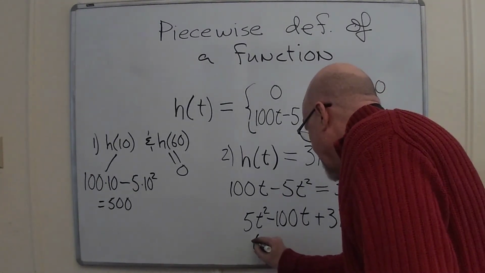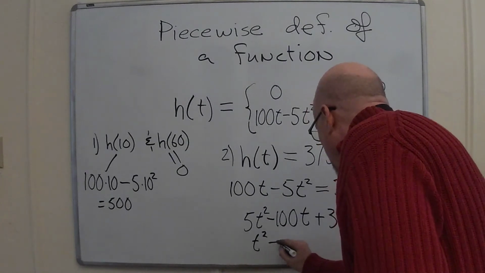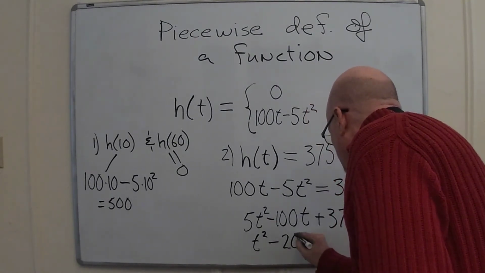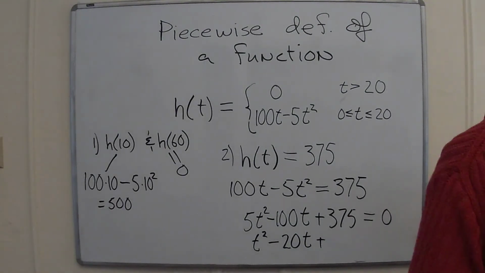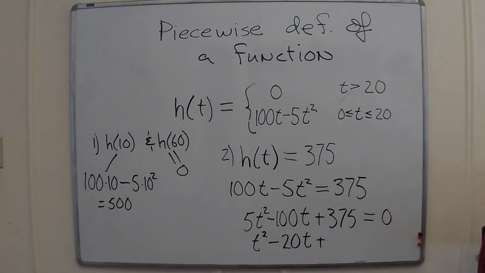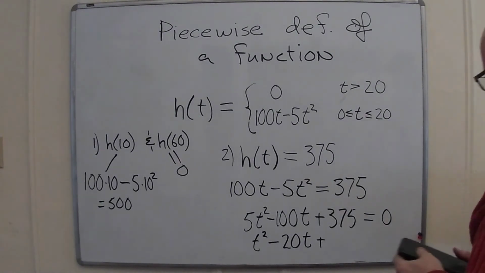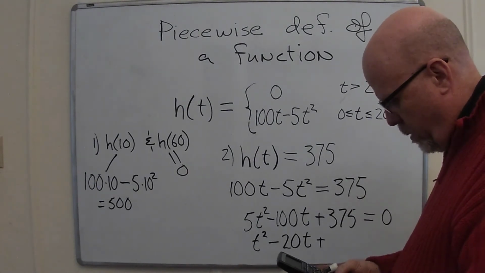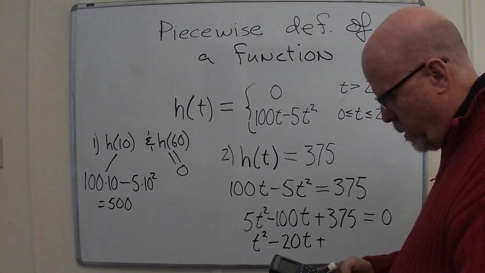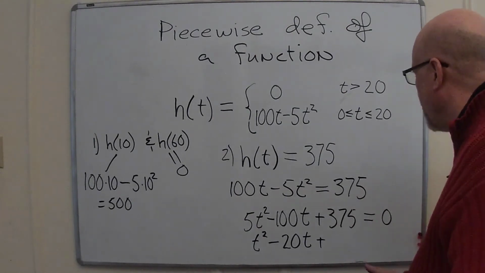So it's the same thing to say t squared minus 20t plus, probably want a calculator for that, don't I? 375 divided by 5. 75. Oh, I should have done that in my head.